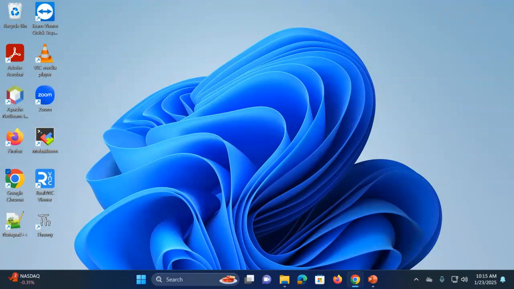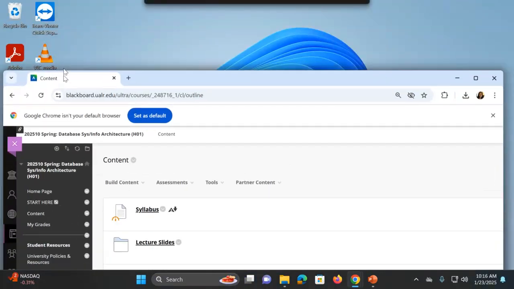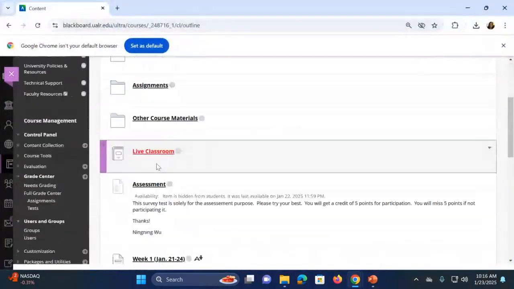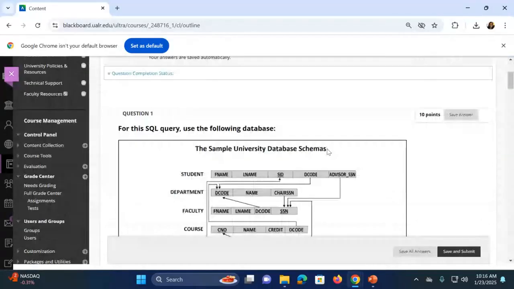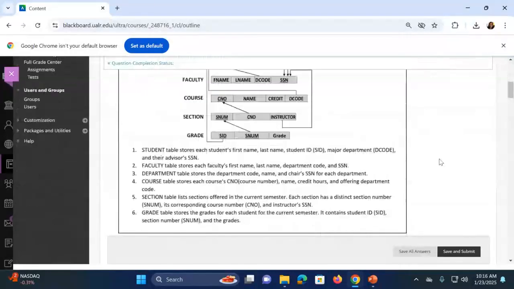Okay, so let me show you. Let's start. Because this is a randomly generated context map, I won't be able to repeat the question you have, but you have pretty much similar questions.